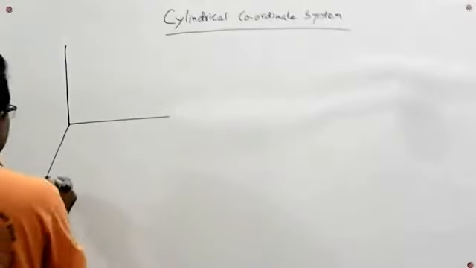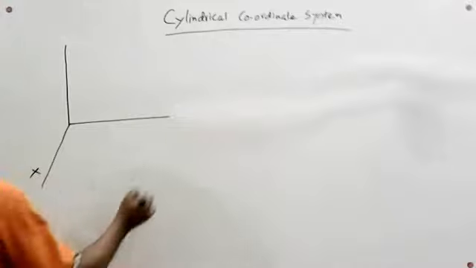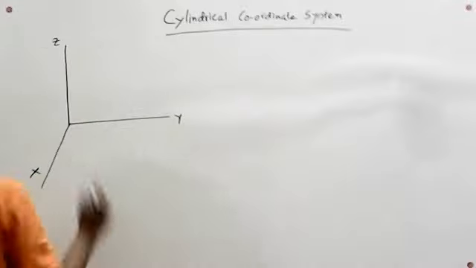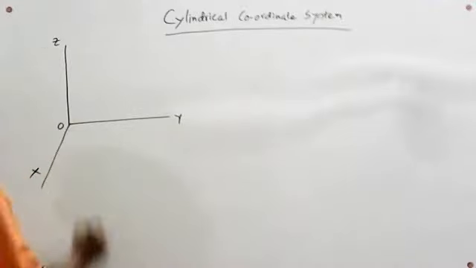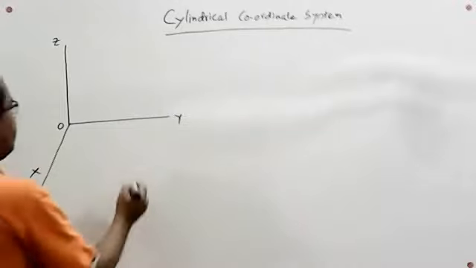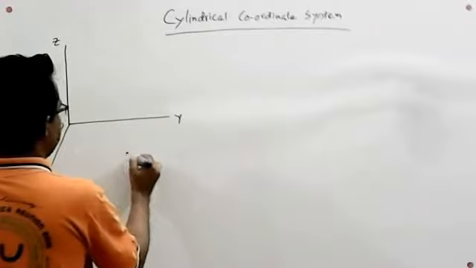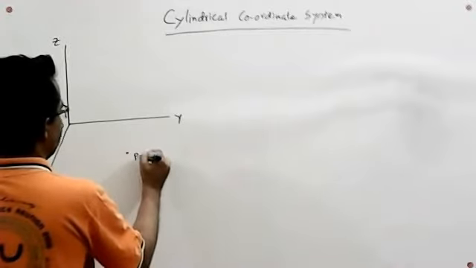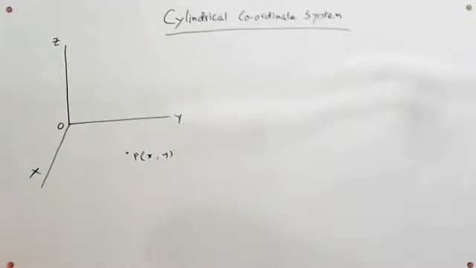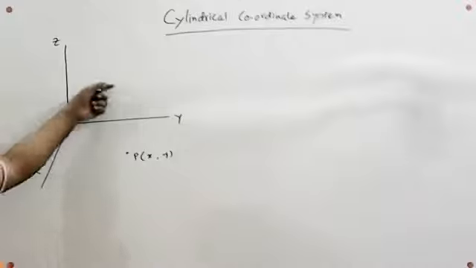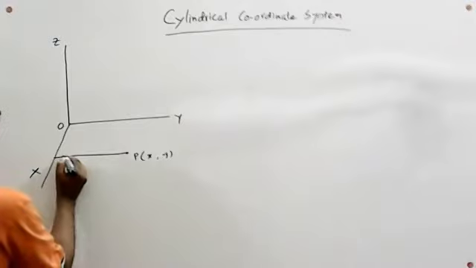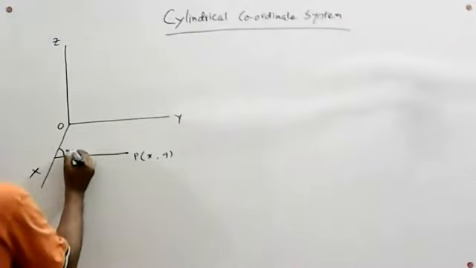If we denote this axis by x-axis, this by y-axis, and this by z-axis, and this is the origin for the Cartesian coordinate system. If we take a point on this xy plane, such as this point P with x and y, then we know the measurement of these points with respect to the axes: if we draw a perpendicular to the x-axis, this angle is 90 degrees.